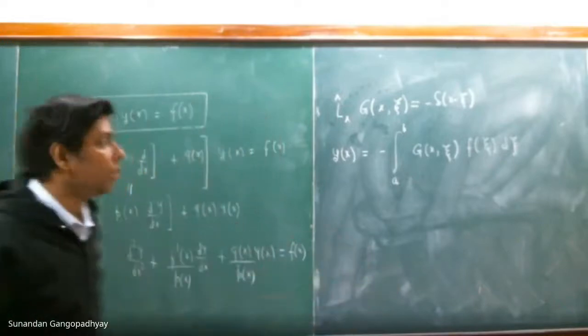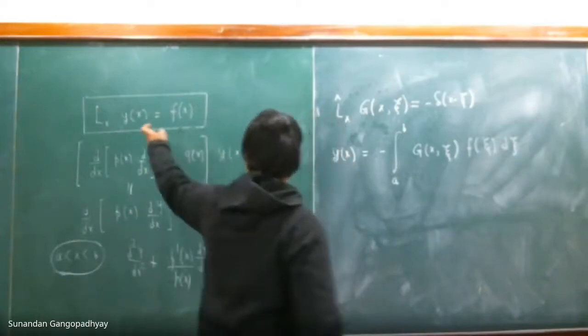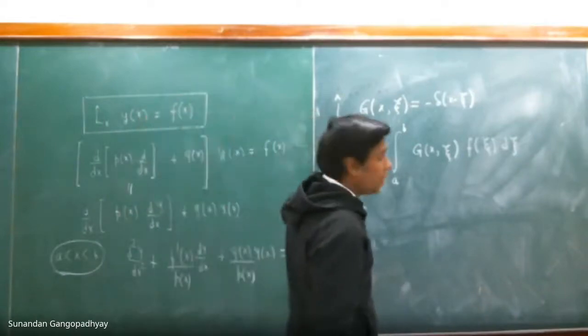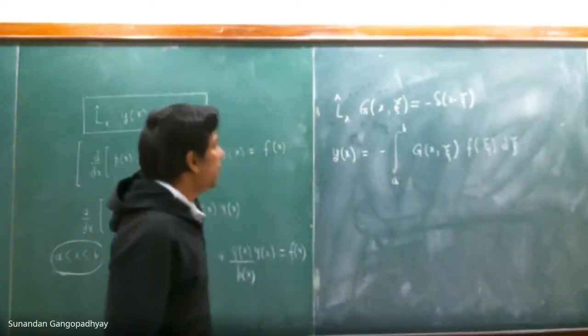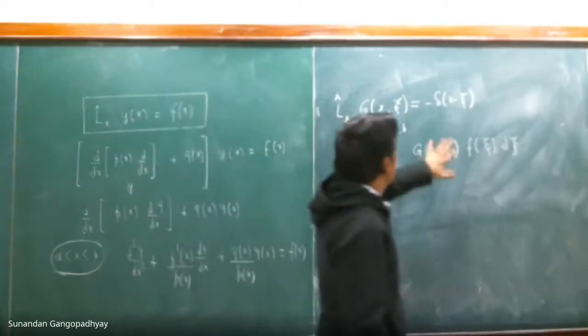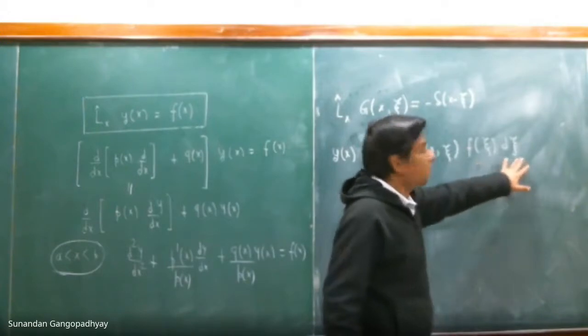So y of x, the solution of this differential equation, y of x being the unknown function, is basically this. It is the Green's function g times f of xi. f of xi is a known function of xi. d xi, integrated over the closed interval.